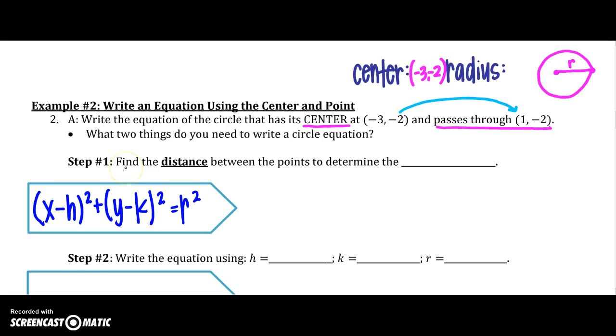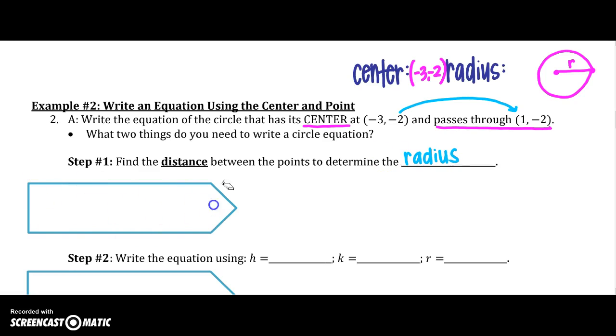So to find the distance between our points, to determine the radius, and I have the wrong equation here, so that's the equation of a circle. So remember the distance formula: distance equals the square root of (x2 minus x1) squared plus (y2 minus y1) squared.